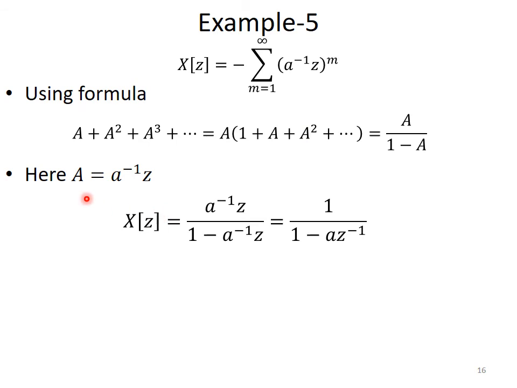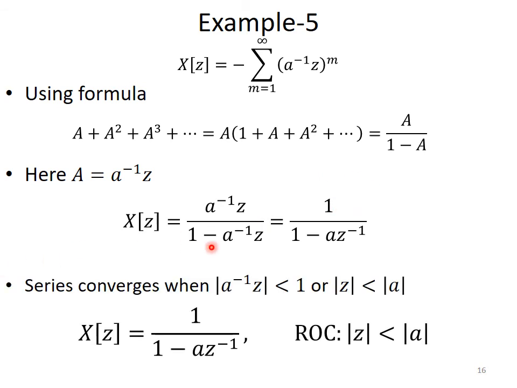So here a is equal to a power minus 1 into z. So substituting this value to find out X of z, which came out to be a power minus 1 into z upon 1 minus a power minus 1 into z, or simply this one after simplifying it further.